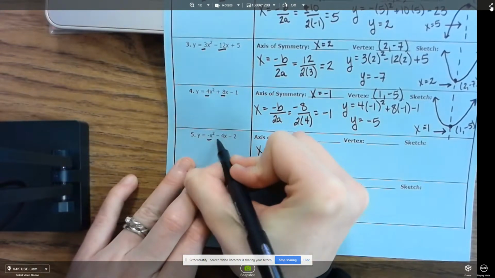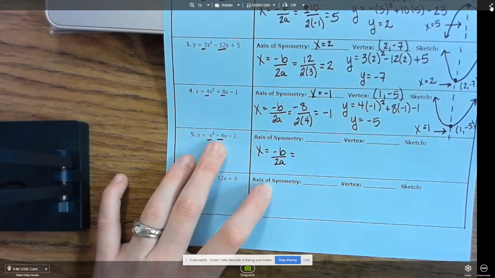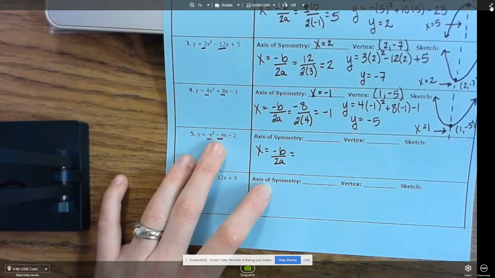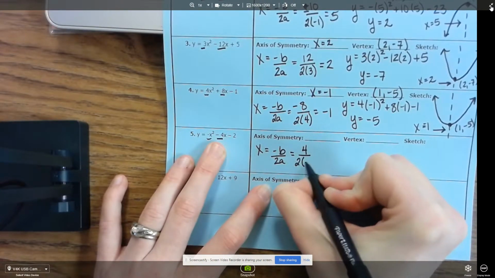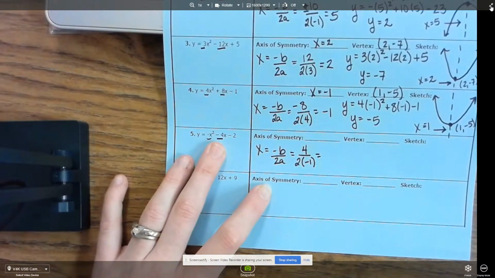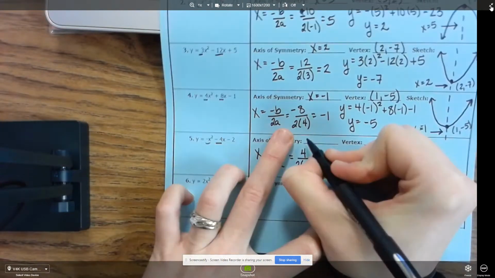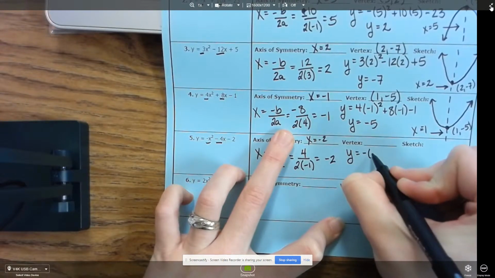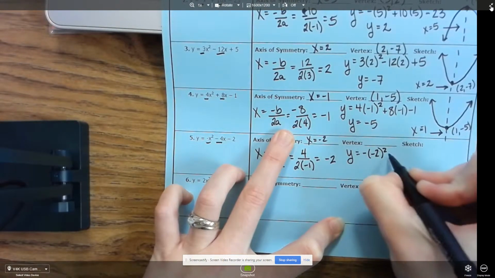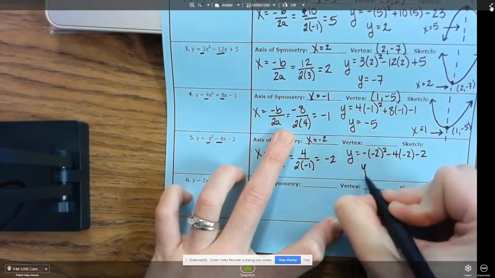All right. Here's my a, here's my b. Again, we've got a -4, which would be a +4. And so my x is going to equal -2.